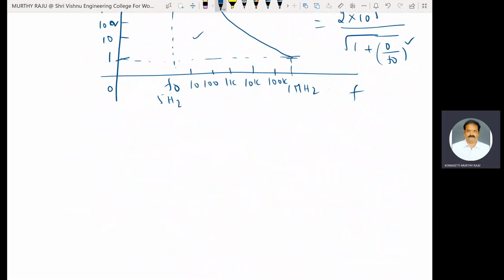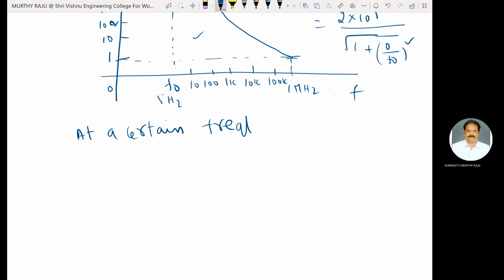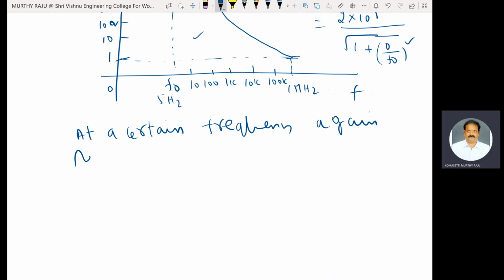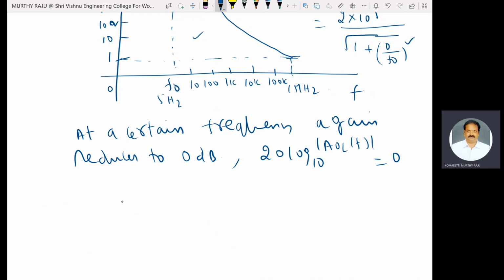At a certain frequency, when the gain reduces to 0 dB, 20 log mod AOL of f is 0, 0 by 20 is 0.